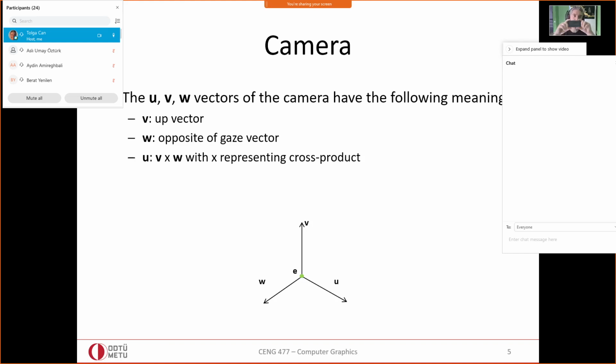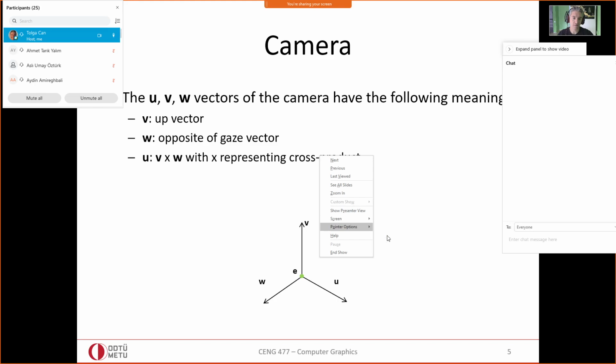in order to determine what a camera is, its extrinsic properties: where it is in the world, its position, is important, right? When you're taking a picture, the position of the camera is important. Another thing is its orientation. The orientation we give by these three vectors, which are sometimes called the gaze vector. Here, the gaze vector is not shown on this figure.